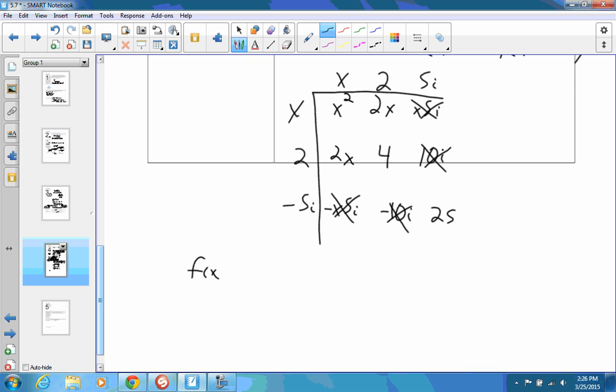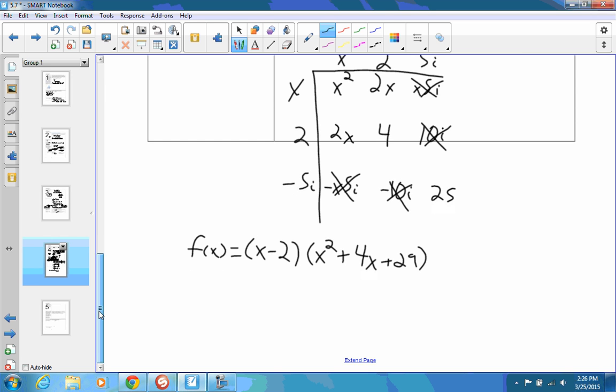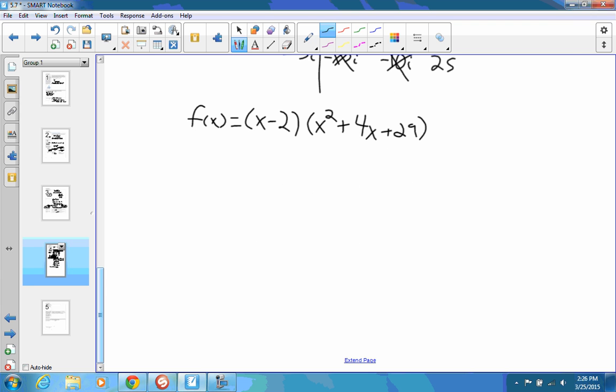So f of x equals x minus 2. And let's write this guy out. I've got an x squared, 4x, plus 29. Cool. Alright, so let's distribute.